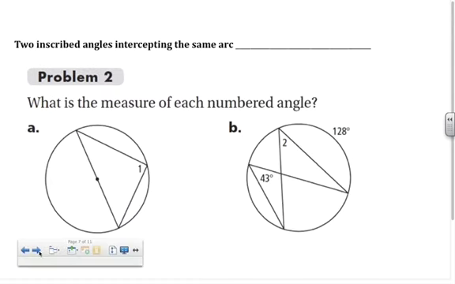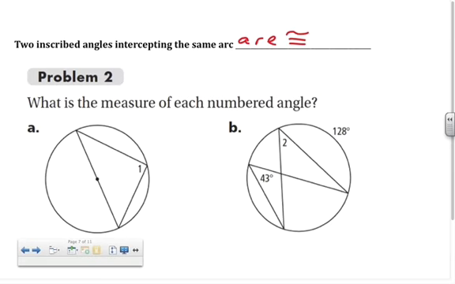So how about if two inscribed angles are intercepting the same arc? What do you think will be true about those angles? They'll be congruent because they're cutting off the same arc. They're half of the same arc. So angles inscribed, angles intercepting the same arc are congruent.